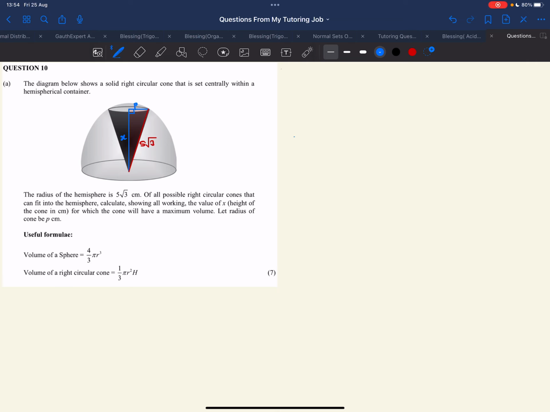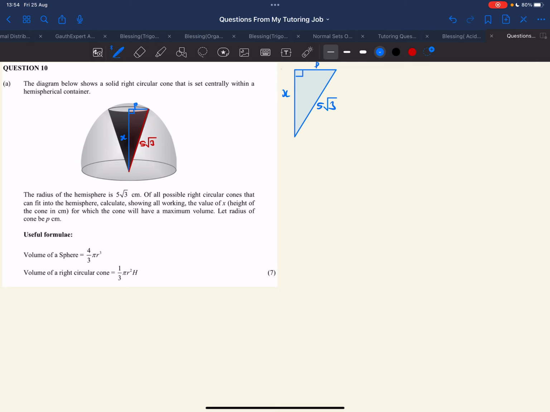Remember, we have a shape. Let me draw the shape for you, right? Okay, and we have x there, we have 5 square root 3, and we have a p there, right?